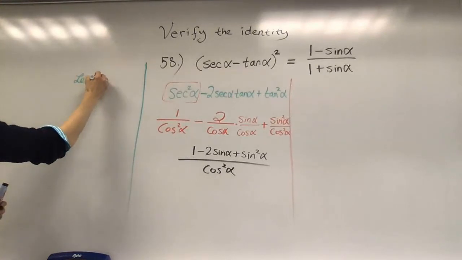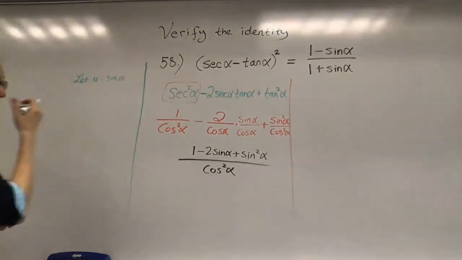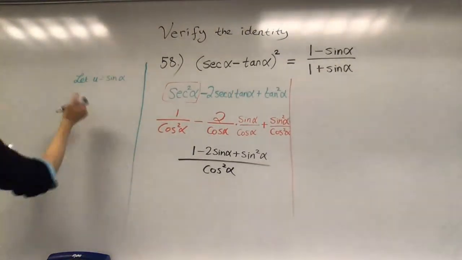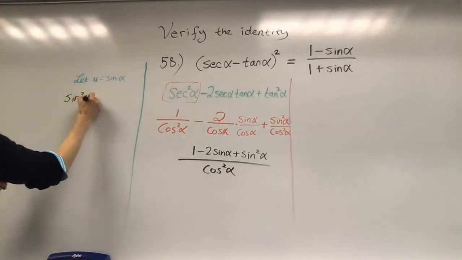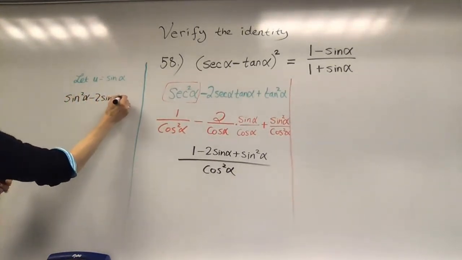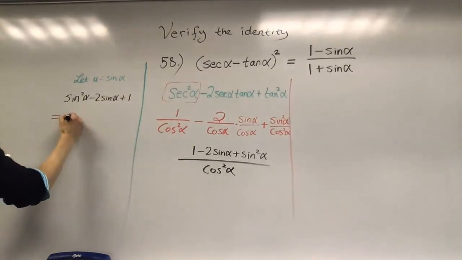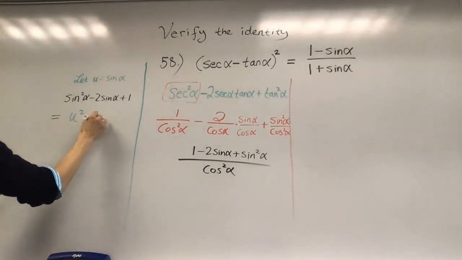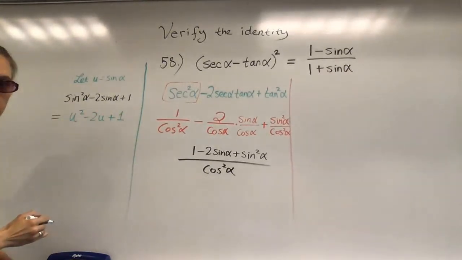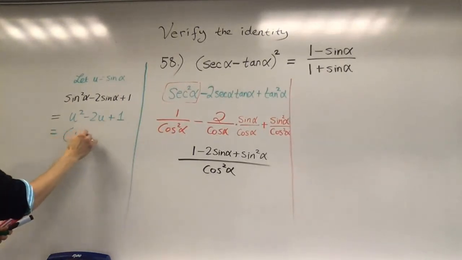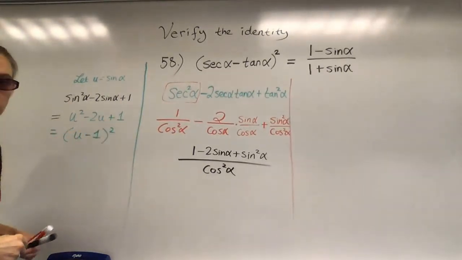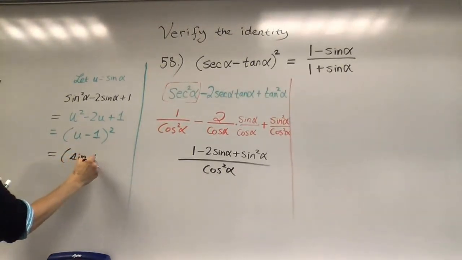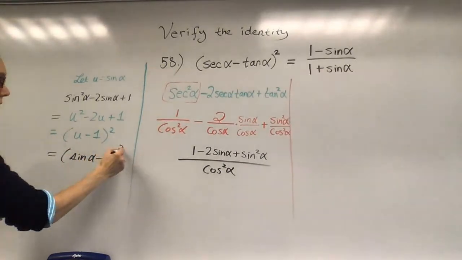I'm going to let u equal sine alpha, and I'm going to take this right here, and I'm going to say that sine squared alpha minus 2 sine alpha plus 1 is then equal to u squared minus 2u plus 1, which is equal to u minus 1 quantity squared, which must then equal sine alpha minus 1 quantity squared.